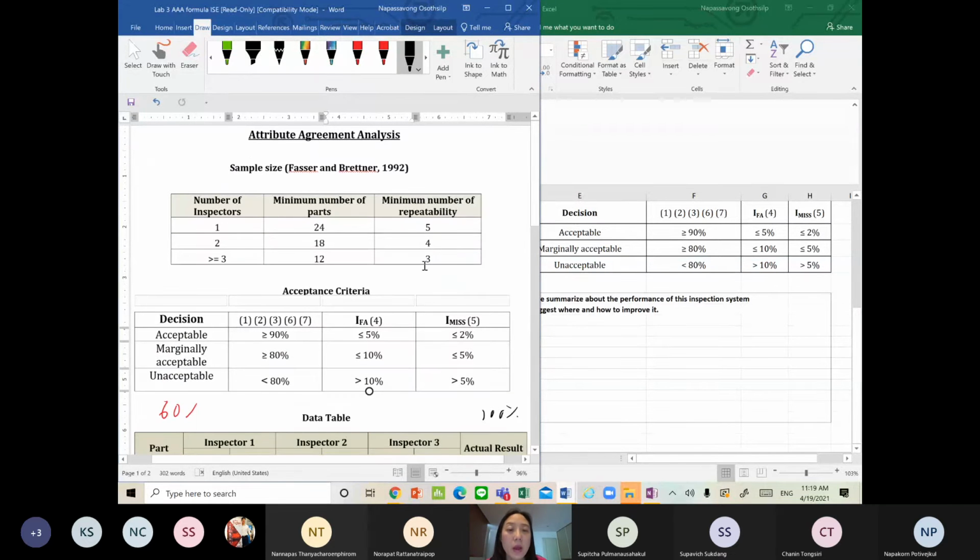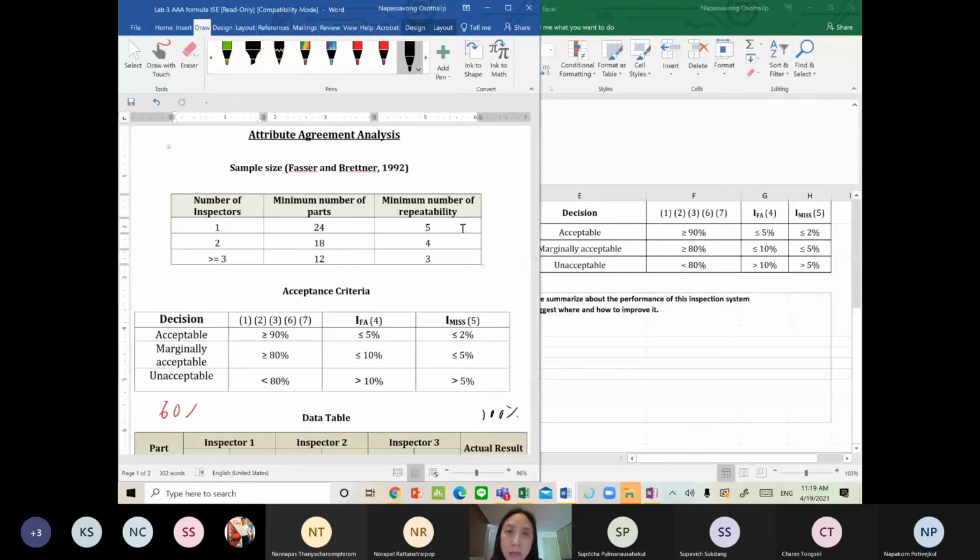So the minimum number of repeatability means the number of times that you have each inspector do the inspection on each part. If you have 3 operators, listen carefully, and then I will ask you a question.